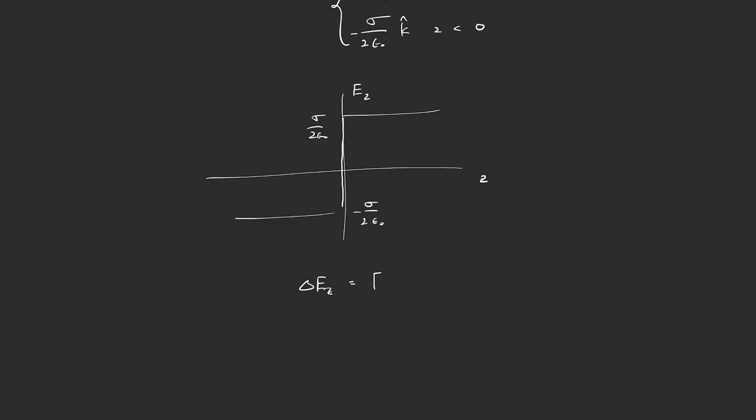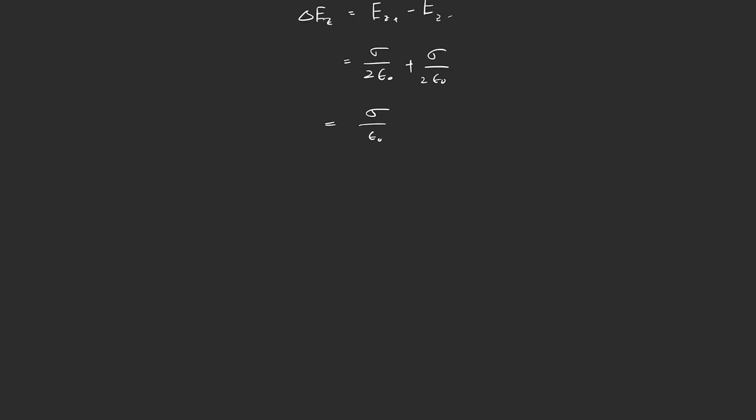The change here, if we take the top amount minus the bottom, which is a negative number, so it's addition, is simply sigma over epsilon naught. And this brings us to our final example of a spherical shell.